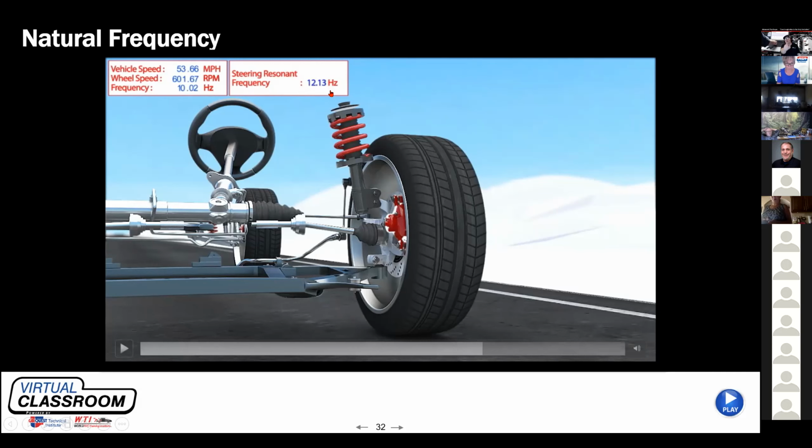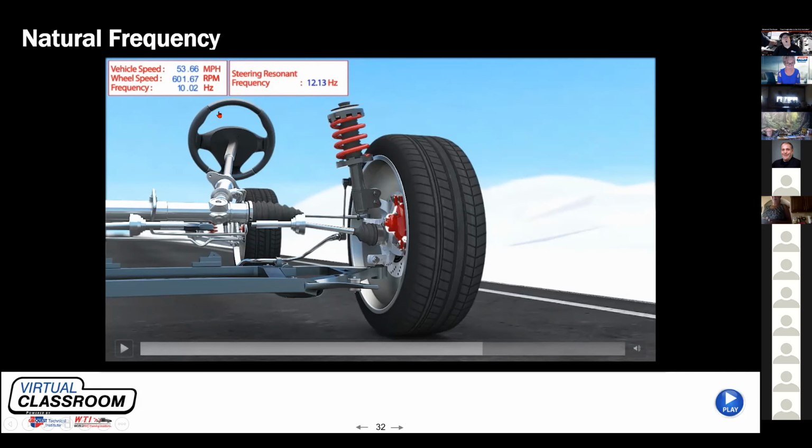And if what I told you is correct, is this: if my steering suspension, everything's natural frequency is 12.13, right now my tire is spinning, making one shake every 10 times a second. Okay. Right now, my customer won't feel it.